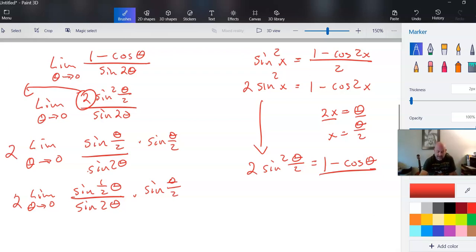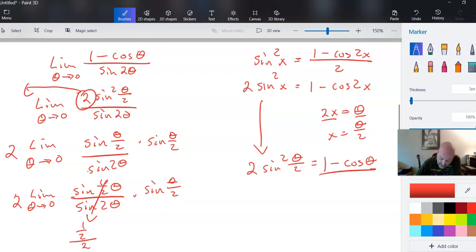Well, that makes this my a and this my b. So that means that this simplifies to 1/2 divided by 2. Well, sine is continuous at theta, so there's actually a value there.